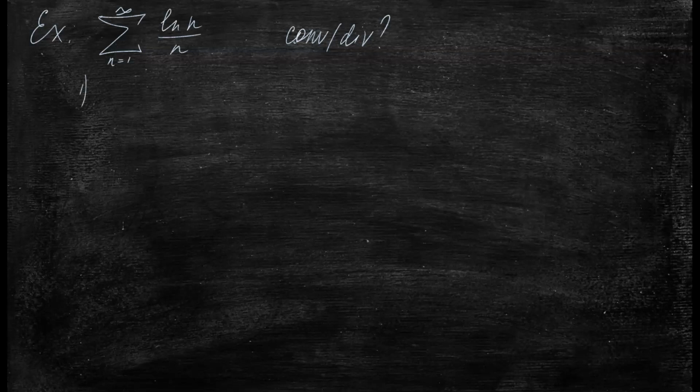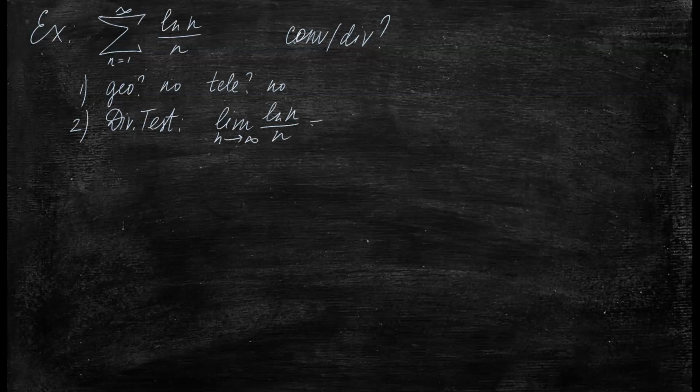So the first thing we're going to do is ask ourselves, does this look like a geometric or telescoping series? And the answer is no for both of them. Next, we're going to set up the divergence test by finding the limit of the nth term as n goes to infinity. And we're going to use the very useful theorem here.